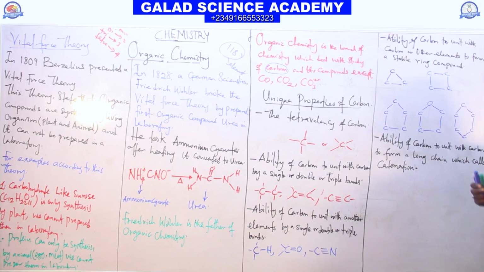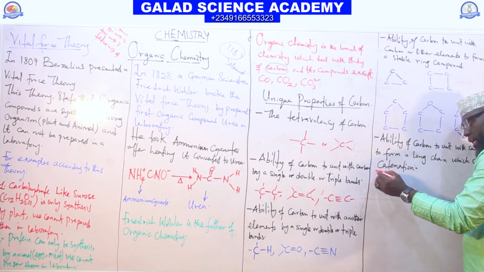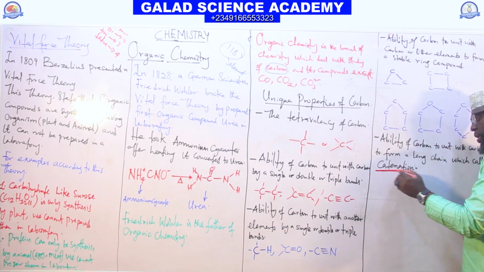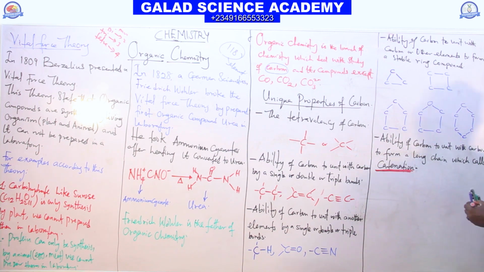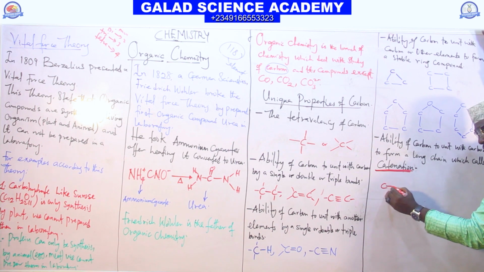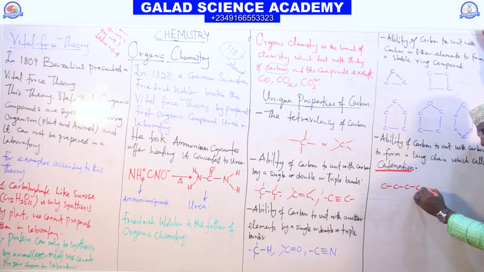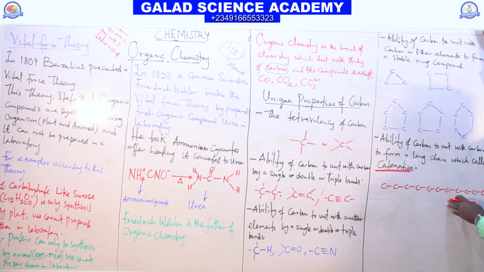What is catenation? The term catenation is the ability of carbon to form a long chain. Only carbon can form a long chain. Like this, it can unite with carbon, with carbon, with carbon, and so on. Carbon can form a chain of thousands or tens of millions.